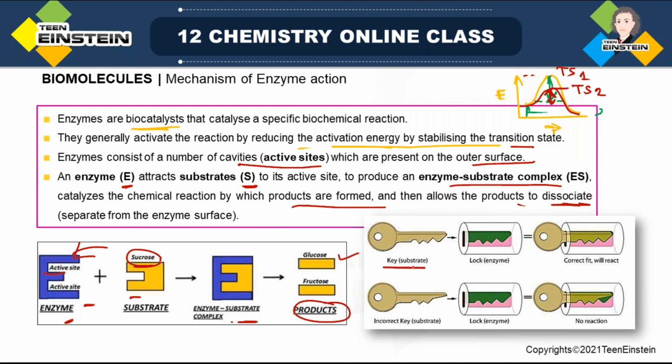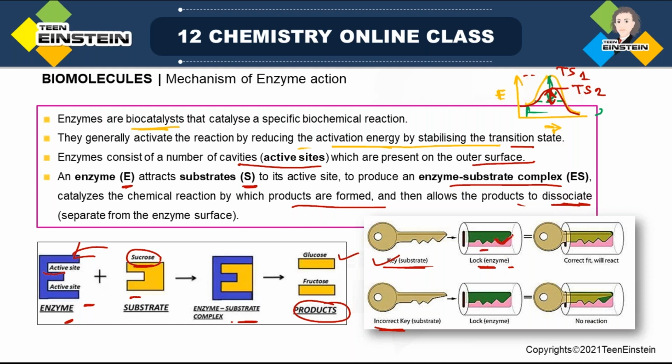Consider this as the enzyme and this as the substrate, whatever it is. So you have to understand that here this is the correct key, this is the incorrect key. Now why am I saying so? Because if you look at the shape of the enzyme, in this part there is no difference.